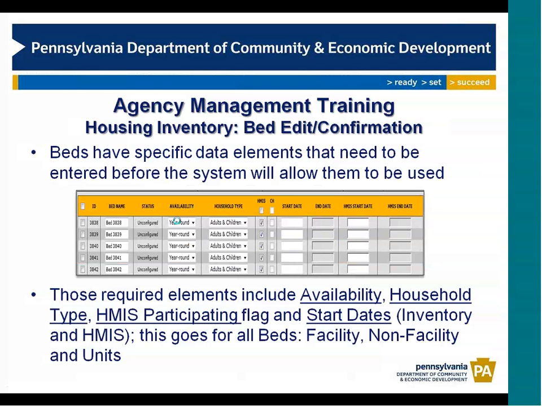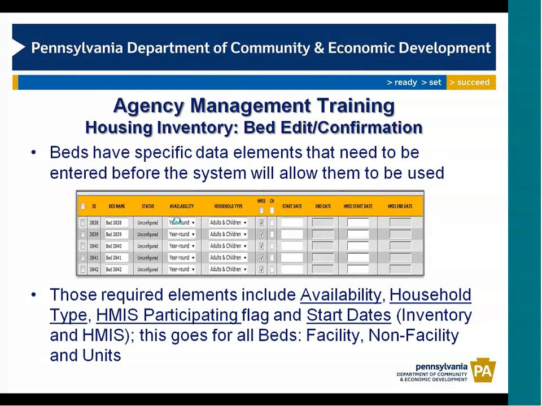We're going to start with beds and go over the information available for that. A lot of the stuff that we talk about here, with the data elements that are required and some basic utilities that are available on the screen, is going to cover the whole tool itself. And I'll mention when something is going to be the same no matter what unit or type you're dealing with, so we don't have to be redundant with all these features.